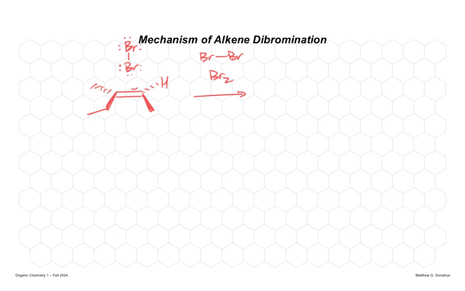So we're going to have the pi bond attack. And at the same time, an electron pair from bromine is going to come down because we're going to form a carbon-bromine bond. One's going to come down, and then the third arrow on the grassy knoll, as it were, is going to break the bromine-bromine bond. So those 2 carbon atoms are both going to be bonded to that bromine at once.